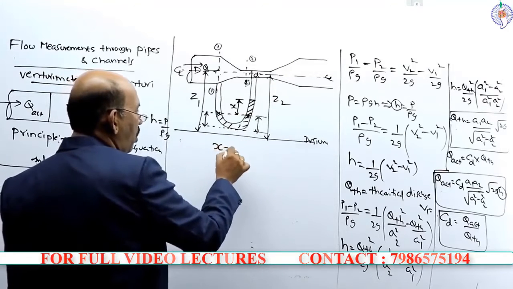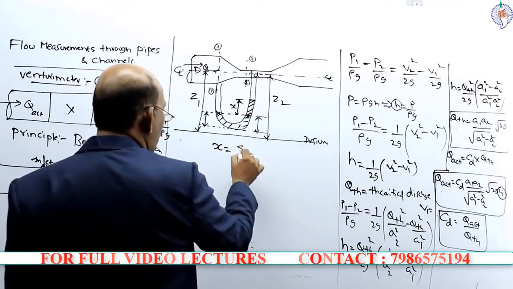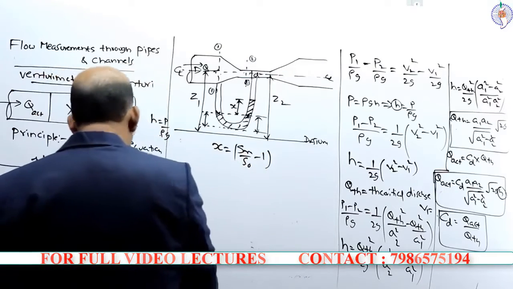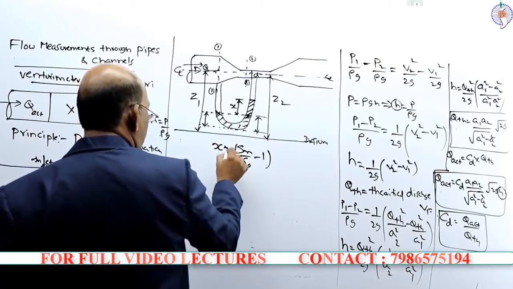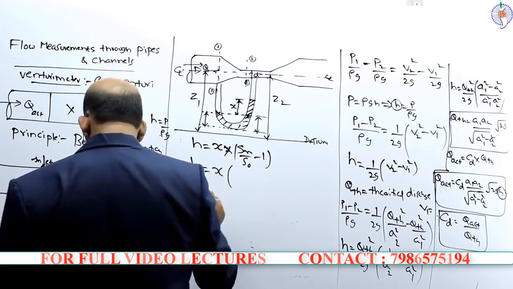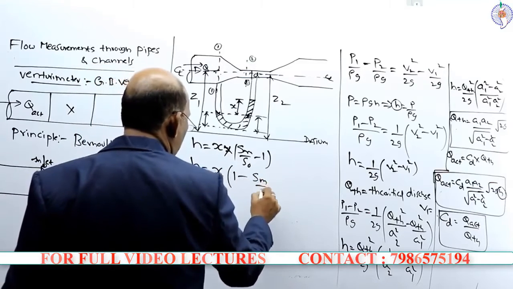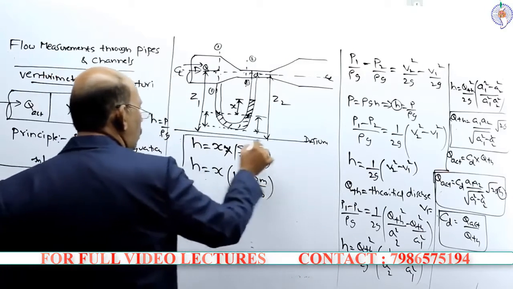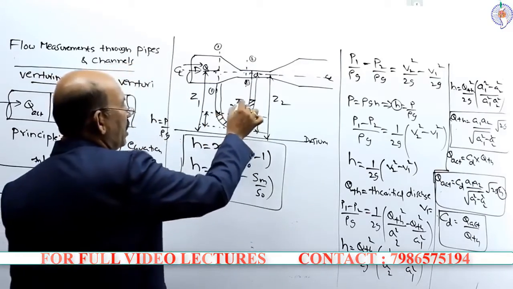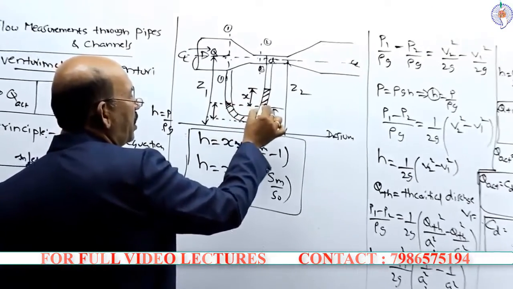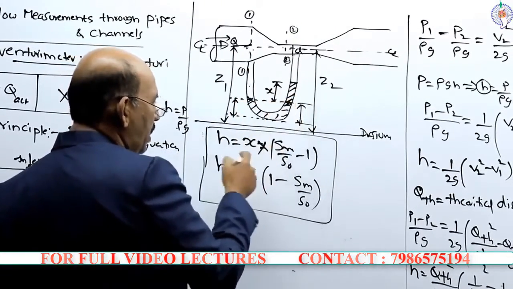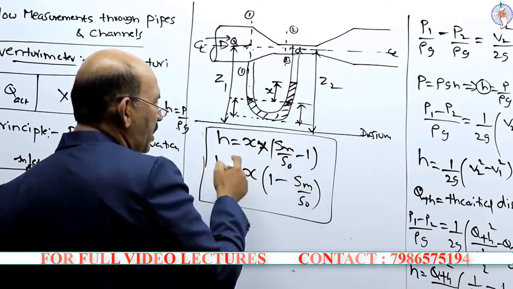The value of X is Sm by S naught minus 1, so H is equal to X into Sm by S naught minus 1. When you apply the manometric equation, that means the pressure in the left limb is equal to the pressure in the right limb. So equating this, you can calculate the value of H here.